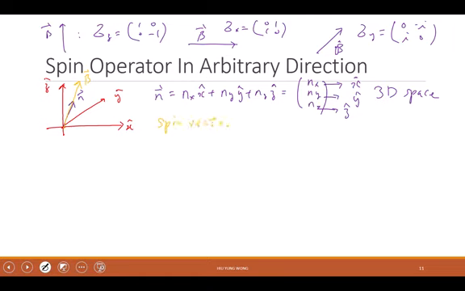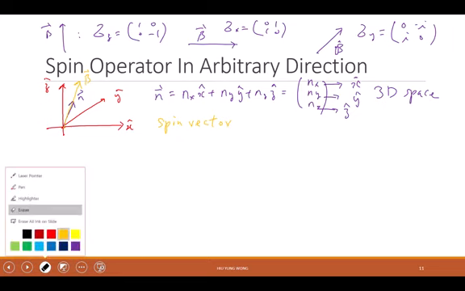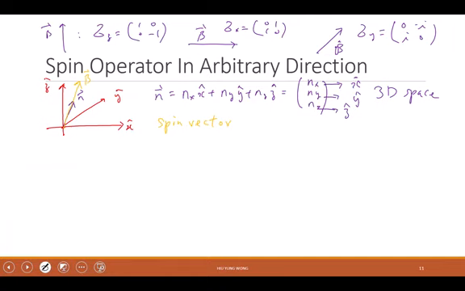Let's look at this. This is very interesting. It is equal to n dot, not Pauli spin matrix, I should say Pauli spin vector, I said something wrong. The Pauli spin vector is defined as sigma vector. And what is sigma vector?